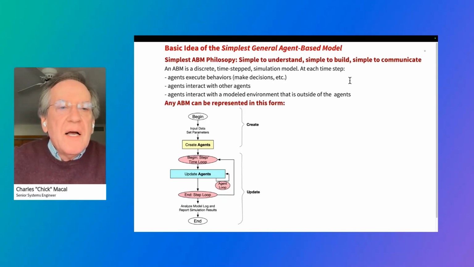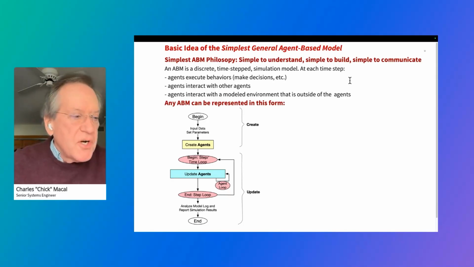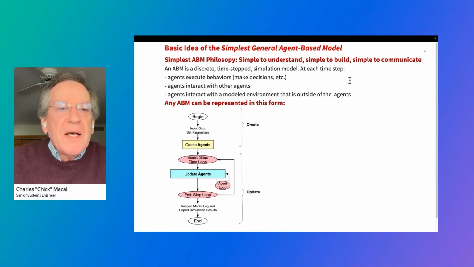So basically, this flow chart is my distillation of the simplest possible agent-based model representation. It's universally applicable to all agent-based models. Essentially, there are two parts: a create part and an update part.